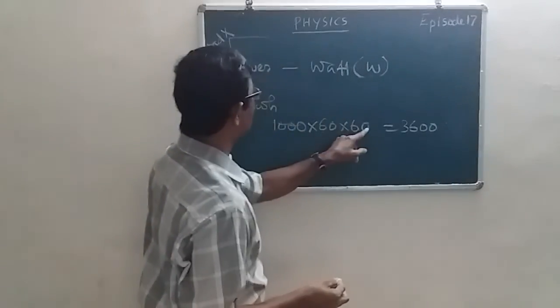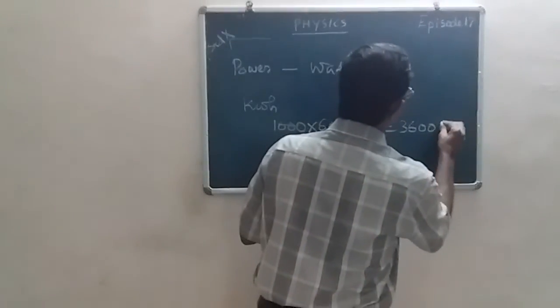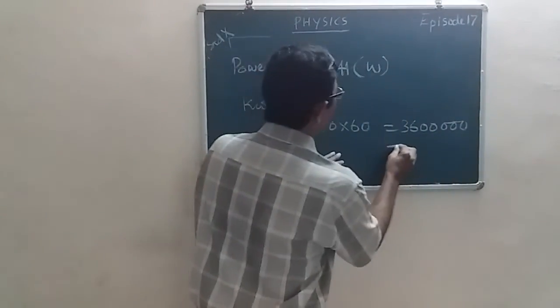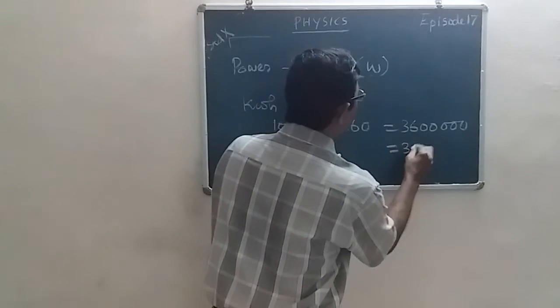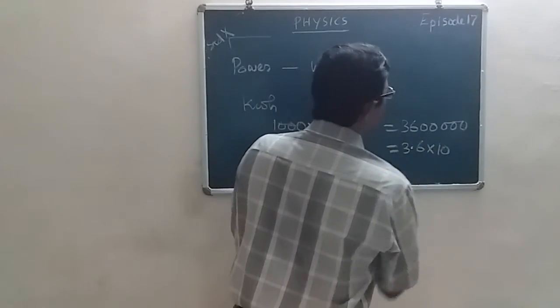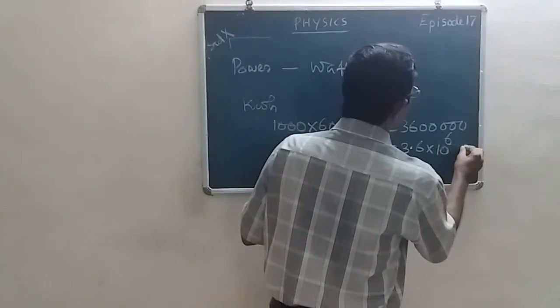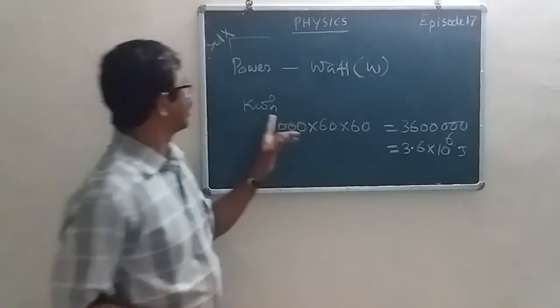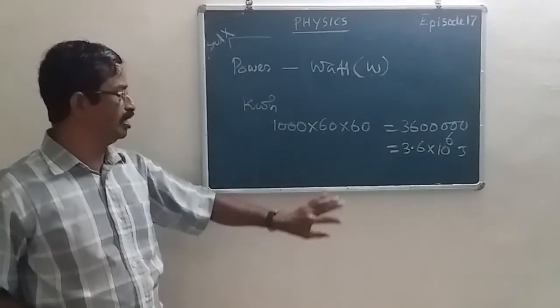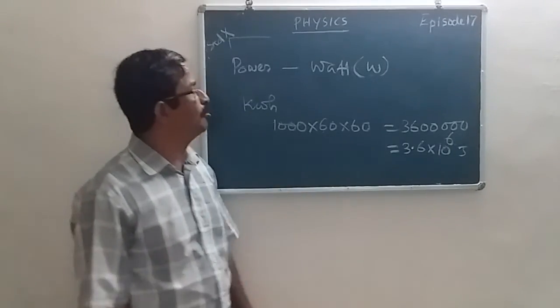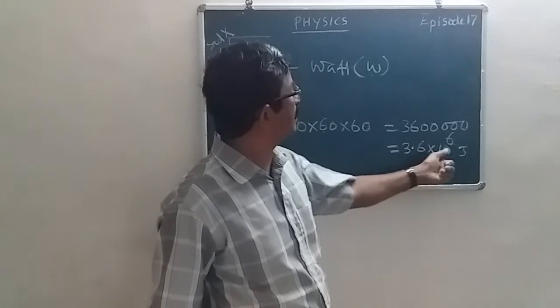How many zeros? So that is equal to 3.6 into 10 to the power 6 joule. That means kilowatt hour is 3.6 into 10 to the power 6 joule.